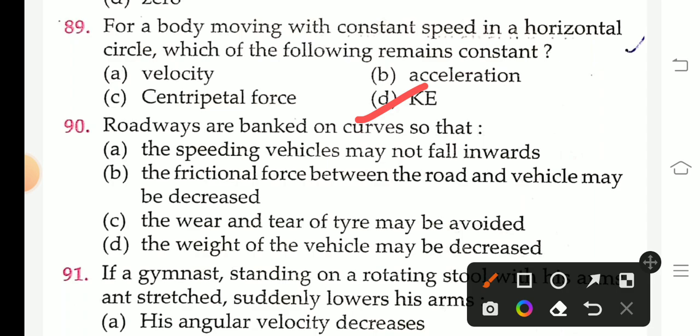Roadways are banked on curves so that the wear and tear of tires may be avoided.